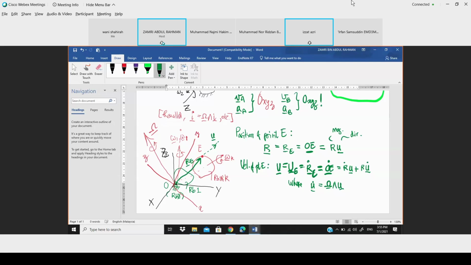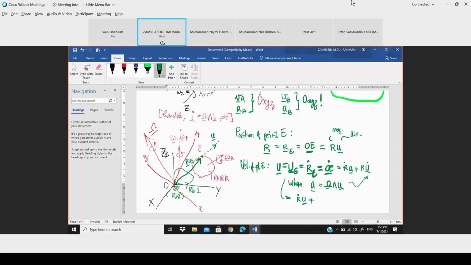So now, substitute this into here. What we have for this expression of the velocity is R dot U plus, after simplification, what do you get here?